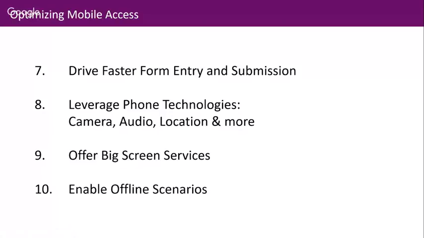There are things coming that you probably haven't even thought of yet when it comes to leveraging the phone technologies. So don't hesitate to go ahead and get started on that. And you'll see that we're going to be surprising you with some cool things. I know a lot of you are talking about images and how do we store them, and a lot of surprises are coming in part 2 that we'll be able to show you.